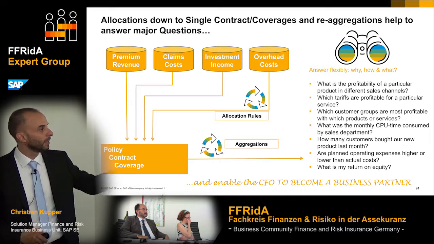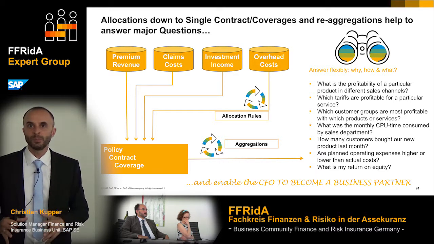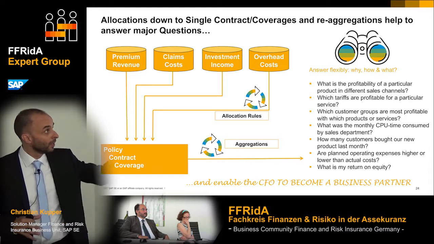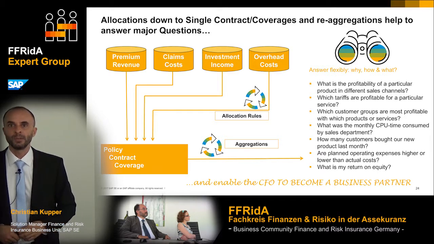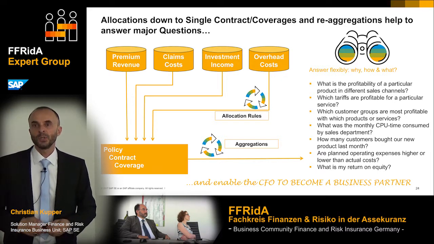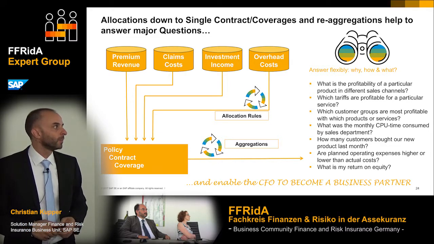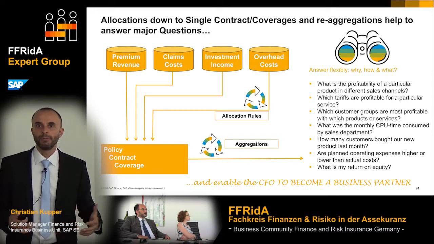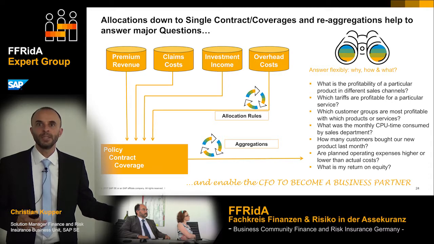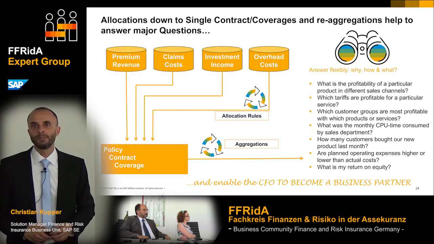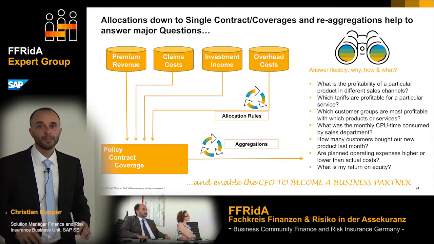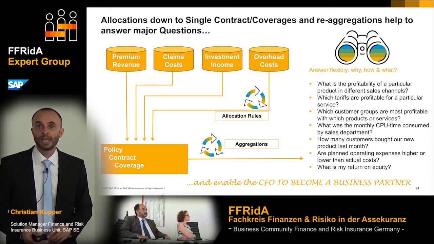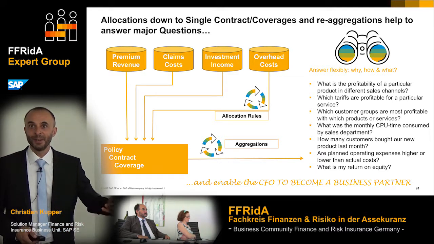And basically, this reallocation allows them to get super fast insights on all these things that are displayed on the right-hand side, like how profitable is a certain client, how profitable is a certain sales channel. If you have a shared service center for IT, you could use it to allocate IT costs to your entities. It's very flexible, and it allows you to get an additional dividend.